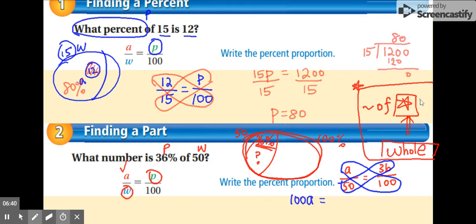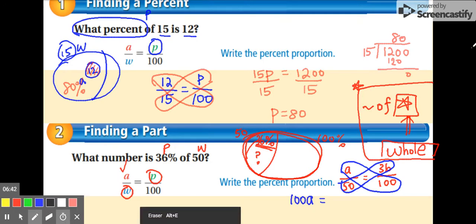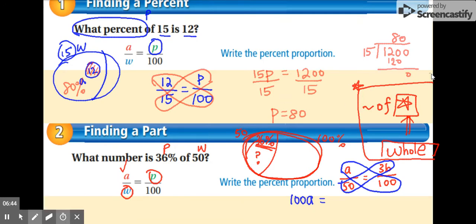So 50 times 36, let's do it on here. It is 1800.